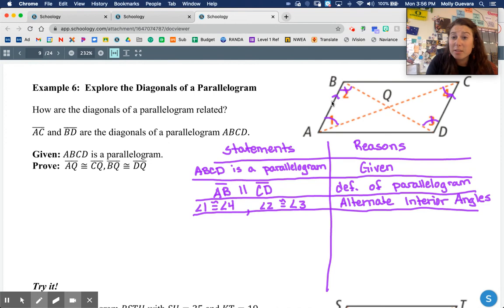Since this is a parallelogram, not only are sides AB and DC parallel, but they are also congruent, right? And I know that, again, because in a parallelogram, opposite sides are congruent. So I can also say that AB is congruent to CD. And again, that's the definition of parallelogram.